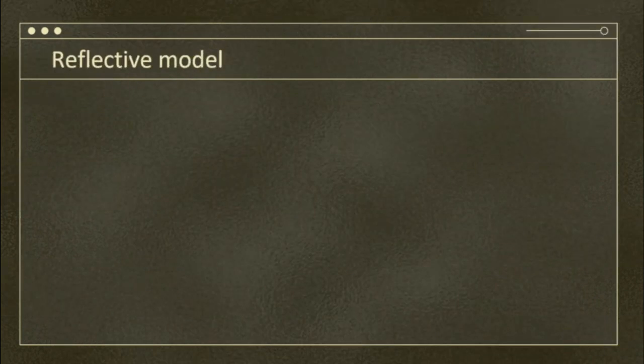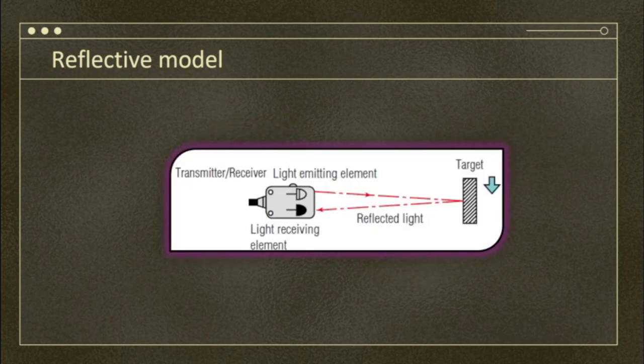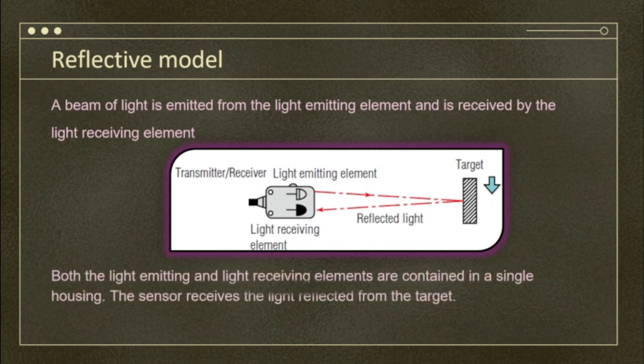For the reflective model, you can see from the diagram that a beam of light is emitted from the light-emitting element and is received by the light-receiving element. Both elements are contained in a single housing. The sensor receives the light reflected from the target.